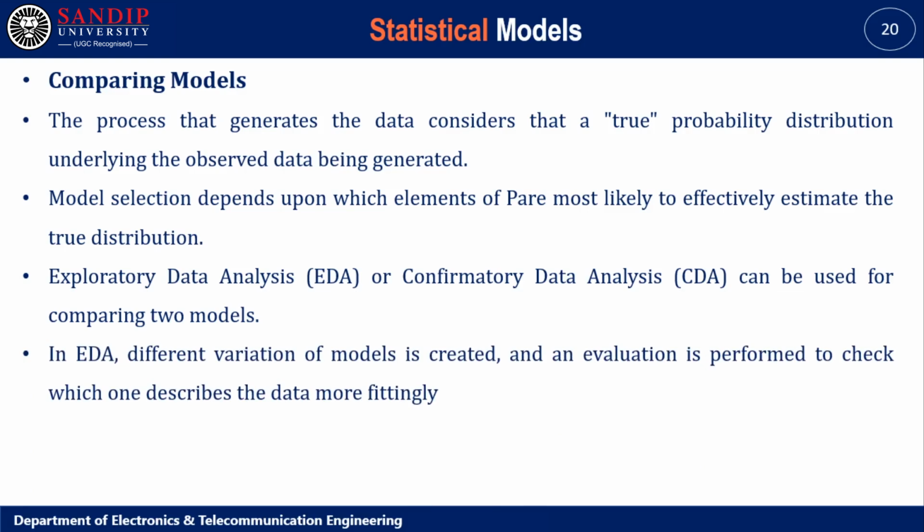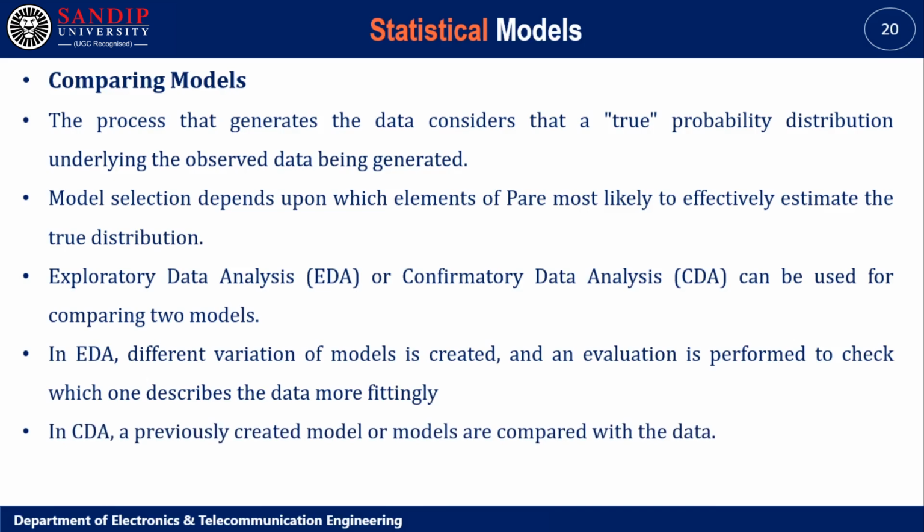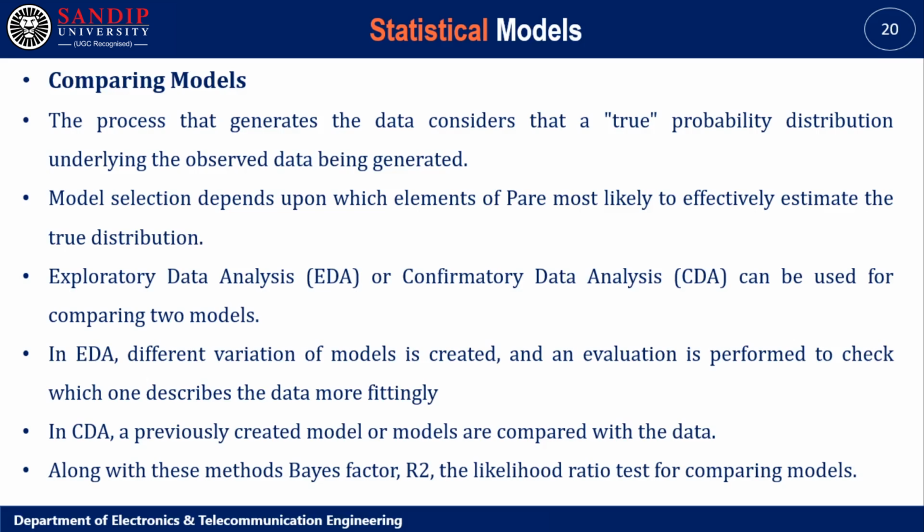In EDA, different variations of the model are created and an evaluation is performed to check which one describes the data more fittingly. In CDA, a previously created model or models are compared with the data. Along with these, there are the Bayes factor, R2, and the likelihood ratio test for comparing models.